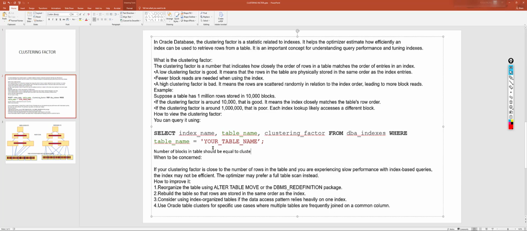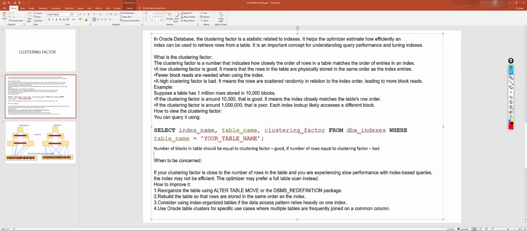This means good. If the number of rows is equal to the clustering factor, then the index has a bad clustering factor. We need to identify some solution and do something to avoid the performance issue.